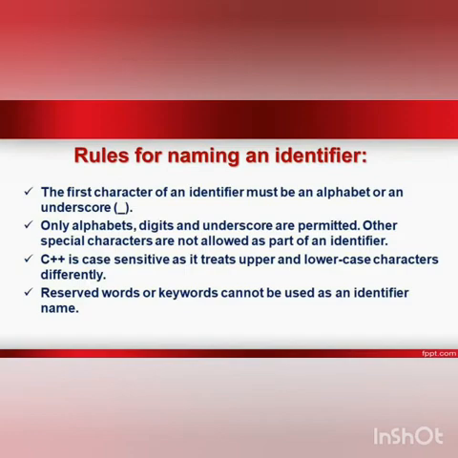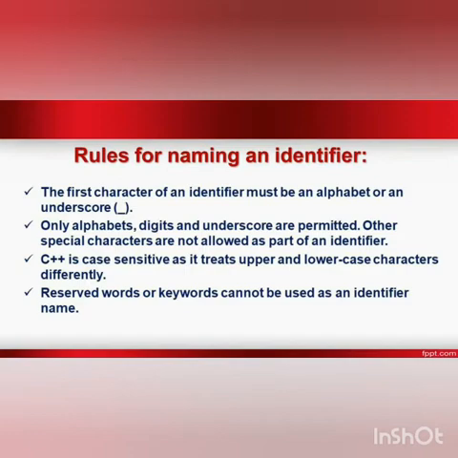Then the second rule is only alphabets, digits and underscore are permitted. Other special characters are not allowed as a part of an identifier. So, we can use alphabets, numbers and underscores. These three only are permitted for naming the variable.